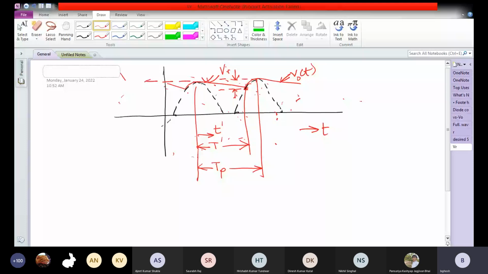And the lowest voltage, this is VL. So VR is equal to Vm minus VL. Okay, so VR equal to Vm minus VL. So we have V0, sorry, let's simply write down these equations.